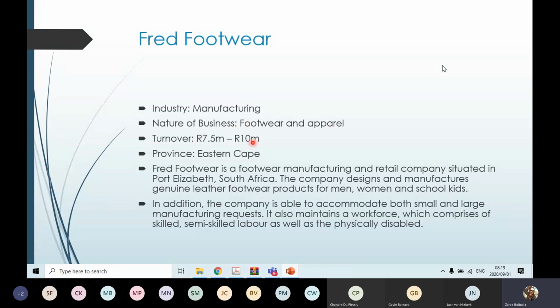Their annual turnover is 7.5 to 10 million rands. They're situated in the Eastern Cape, and the company designs and manufactures genuine leather footwear products for men, women, and school kids. In addition, the company is able to accommodate both small and large manufacturing requests. It also maintains a workforce which comprises skilled, semi-skilled, as well as physically disabled labor.